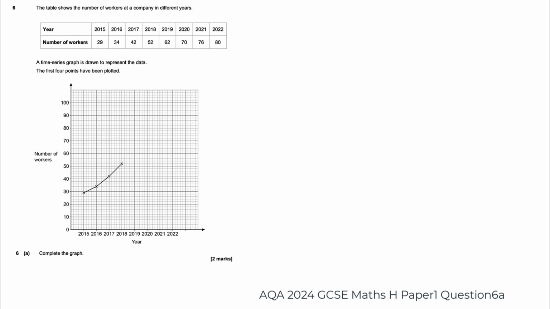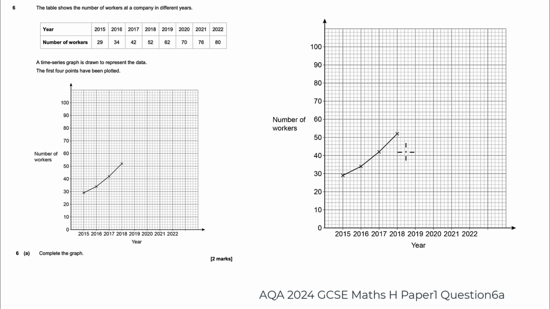So let's look at a larger diagram, which will make it a bit easier for us. And let's just check this last entry that they've put in. In 2018 there were 52 workers. Each heavy line along the graph represents a new year, so this heavy line here is 2018.